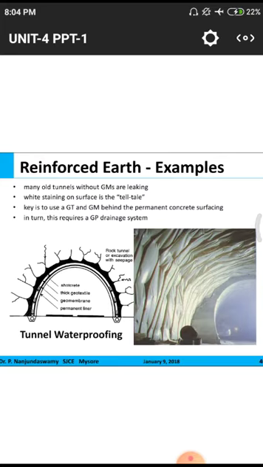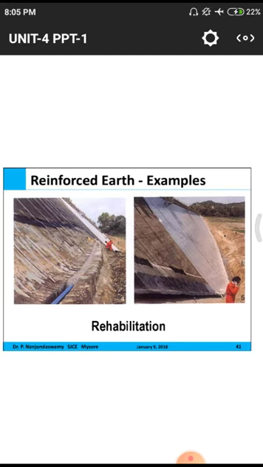Otherwise, we have to face a lot of problems with leakage. Here also are examples of reinforcing earth. The total structure has some slope, so we need to stabilize the slope using these geopolymer sheets. Here we observe the slope stabilization done with the help of geomembranes.